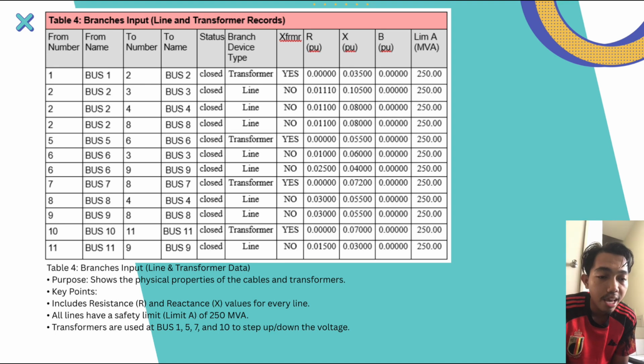The key point includes resistance and reactance values for every line. All lines have a safety limit of 250 MVA. Transformers are used at bus 1, bus 5, bus 7, and bus 10 to step up or step down the voltage.